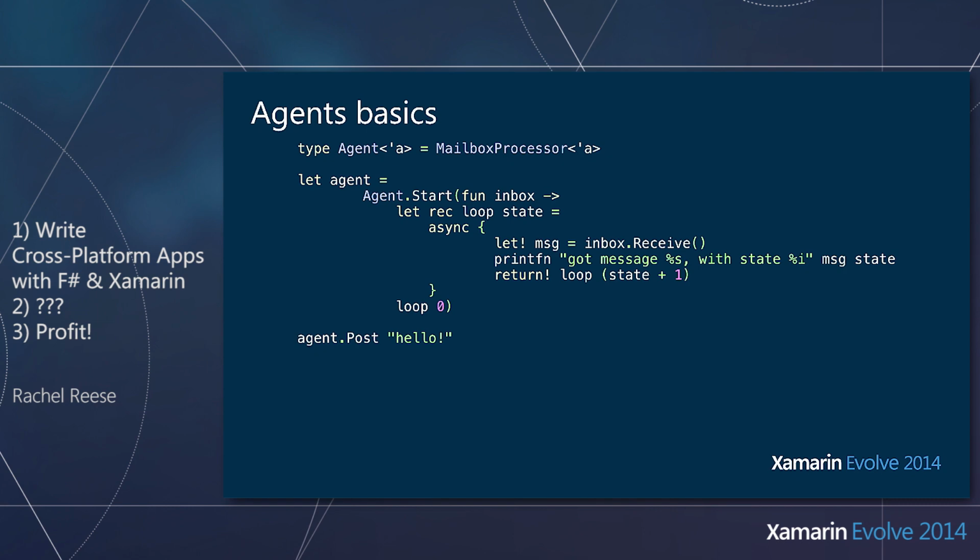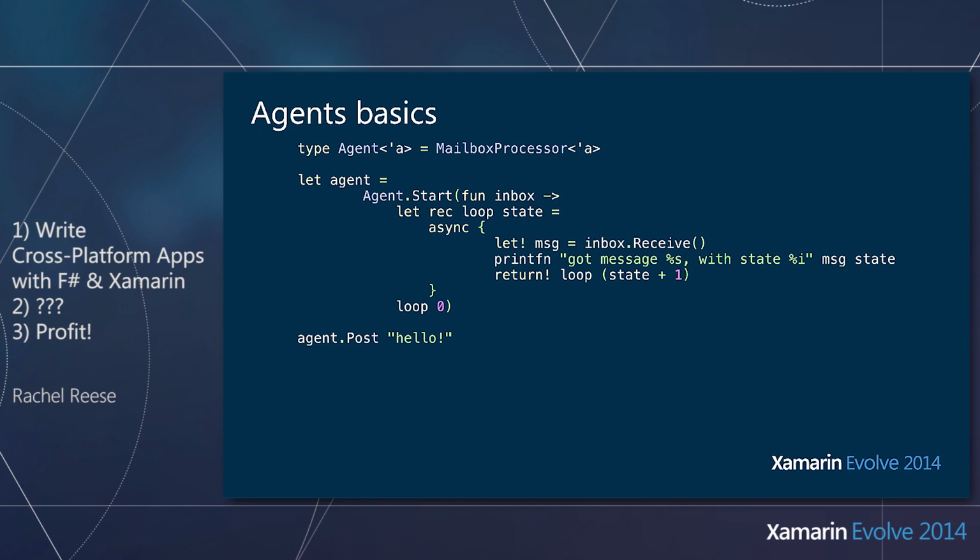That's how you actually receive the message. In this case, it's just saying, hey, I got this message, and state is now this. I'm not doing a whole lot with the state. I'm passing in state + 1 the next time I loop around. You can be doing much, much more with that. But I start the loop at 0, and then that just keeps going.